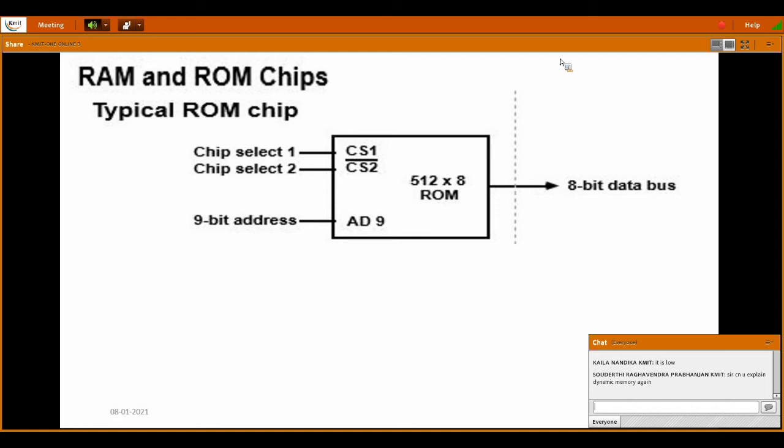Typically, you see here what the typical ROM chips have: here CS1, chip select 1, and CS2 bar, chip select 2 bar. Understood everyone? What are we selecting here?